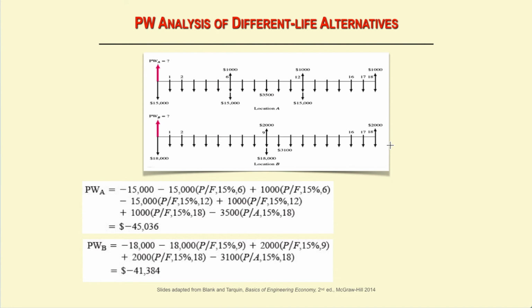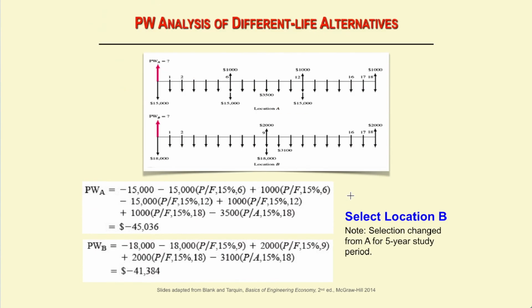So we then convert all these cash flows over multiple life cycles into a present worth value at T0, and we find that location B should be selected because the present worth value of location B is more positive than the present worth value of location A.